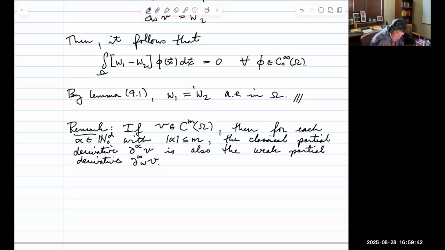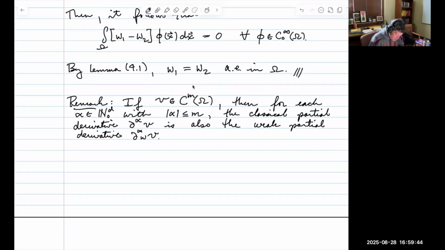Let me show you an example of this. So I'm going to imagine that, let's make this a real example. So let's let d be equal to 2. So we're just in a two-dimensional setting, right?